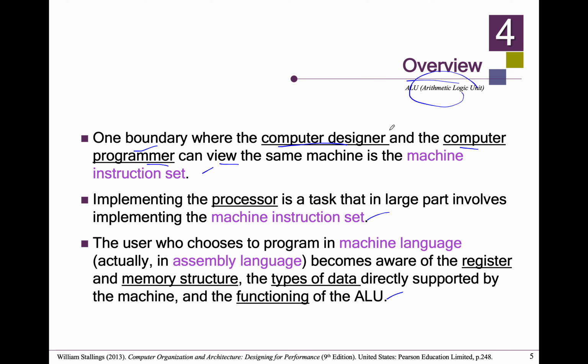So the computer designer can see, you as a programmer also can see, which is the same machine's view, the machine's instruction set. So this is just about the detail or the meaning of machine's instruction set.